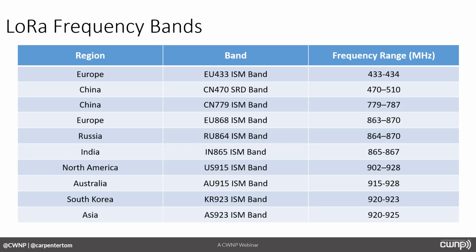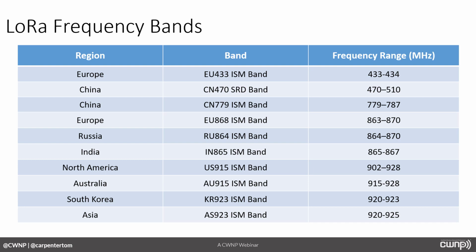The frequency bands, I'm not going to read these to you. If you watch this on YouTube, you can pause it here and look through them. But here you see the different regions and the band and the frequencies used. Again, if you look into the document that gives you this regulatory information, the document is called LoRaWAN Regional Parameters.